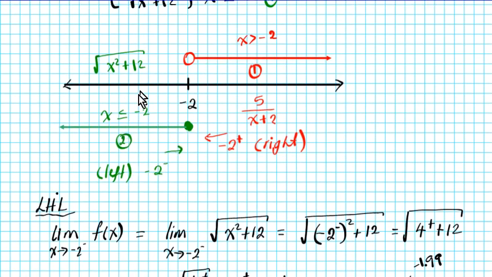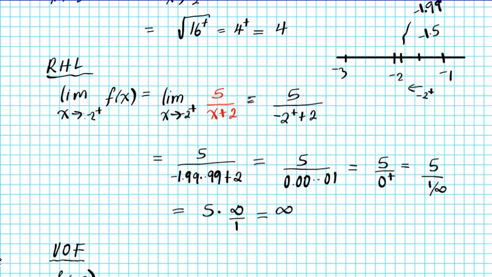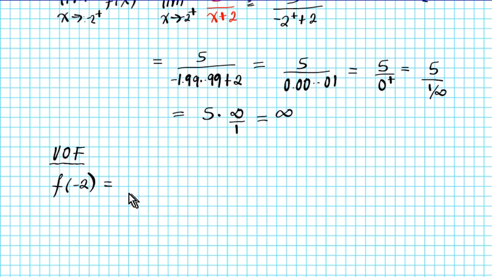For the closed circle, we're looking at the blue function, the square root of x squared plus 12. So we're going to be looking at the square root of x squared plus 12 evaluated at x equals negative 2. Okay? So this simply means you take this function and you plug negative 2 into it.